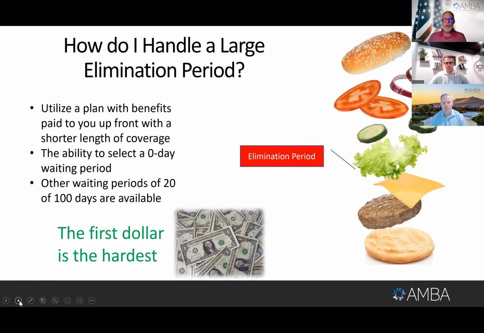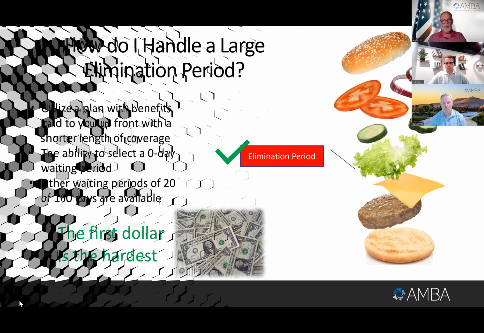There are some plans that can cover that elimination period, 0-day wait, other plans that can go 20 to 100 days, that type of thing. The whole idea being that you're not having to change somebody else's lifestyle because you're tapping into your nest egg, you're having to sell a family asset or something like that, because we know you can't call the pension board and ask for more money if you have a long-term care need. So we can handle that elimination period.